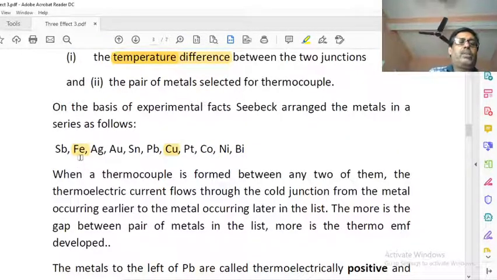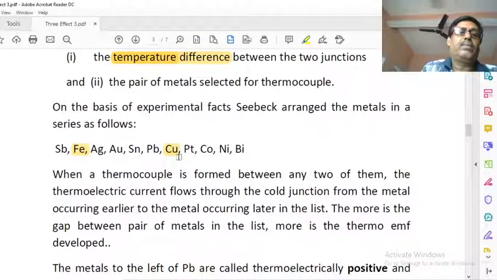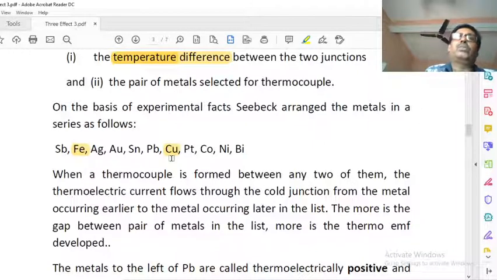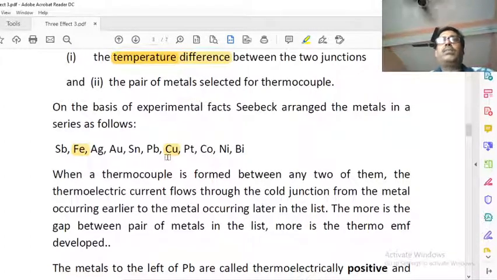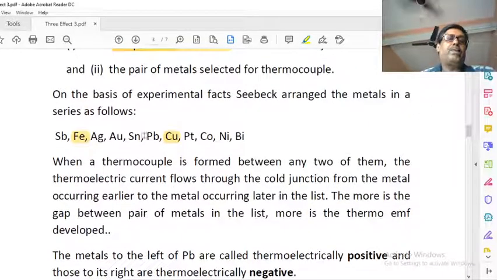So the current will begin from Fe and flow to Cu. Current flows from Fe to Cu, but now the question is, through the hot or the cold junction? Through the cold junction, because current flows from Fe to Cu through the cold junction.